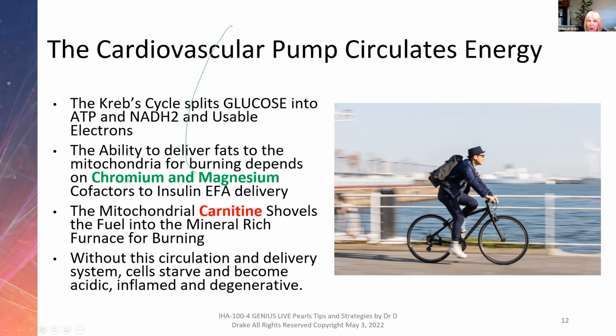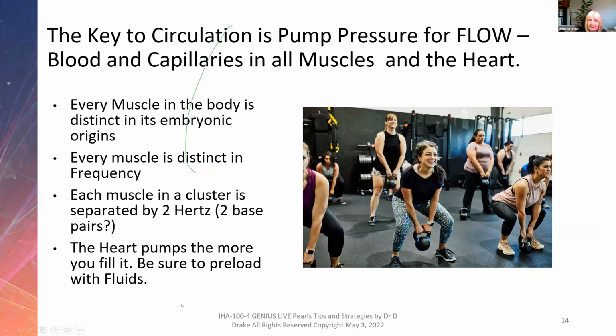If you don't have chromium and magnesium due to a yeast infection, and you don't have carnitine due to a yeast infection, because yeast loves to multiply its colony on chromium, magnesium, and carnitine, then you will have poor energy development, poor energy delivery, and you're going to end up getting obesity or fatigue or poor circulation, and your cells are going to become starved and become acidic, inflamed, or degenerative. So one of the things that we talked about last week was preloading yourself with minerals and some amino acids before you start your sessions to give yourself the raw materials that you need for that.